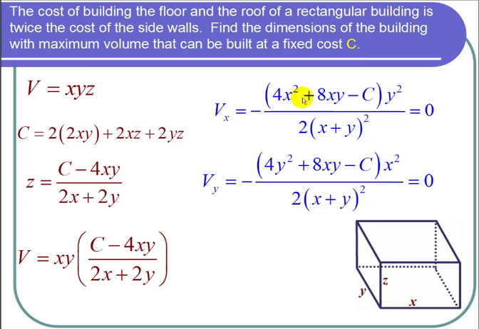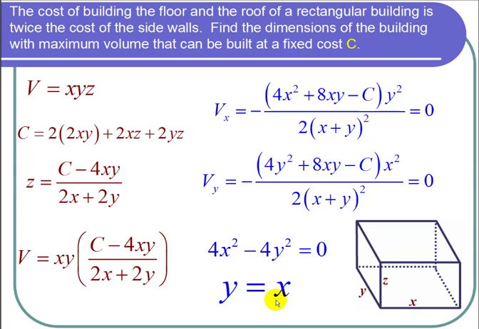So that means that the inside of the parentheses of each of these is equal to 0. So if I subtract one from another, then the 8xy and the minus C's will cancel, and I'm just left with 4x squared minus 4y squared is equal to 0. So if I add 4y squared to both sides, divide by 4 and take a square root, I get that y equals x.